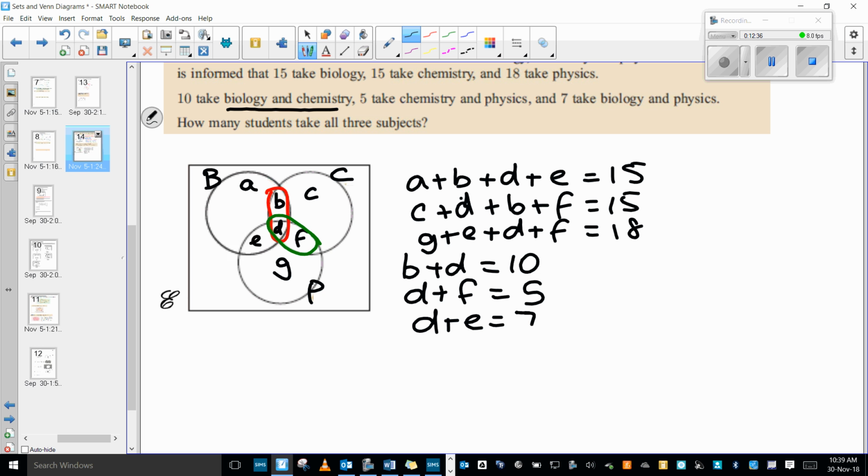Okay? So we then substitute these values in a similar way to what we did earlier. So instead of B plus D, we're going to write the number 10. So that means that A plus 10 plus E equals 15, which means that A plus E gives us 5.